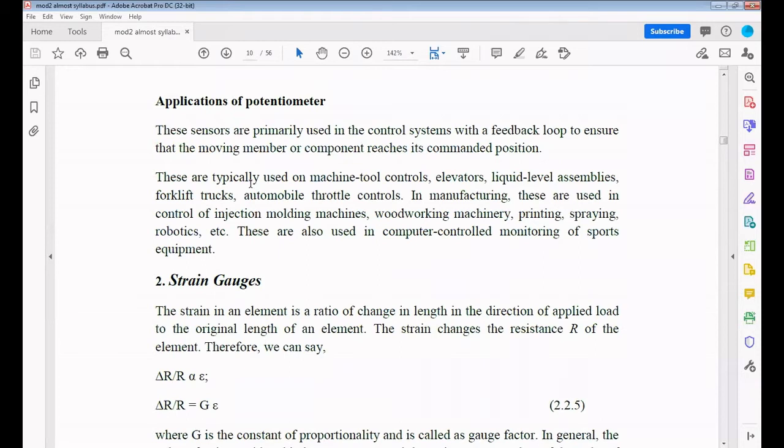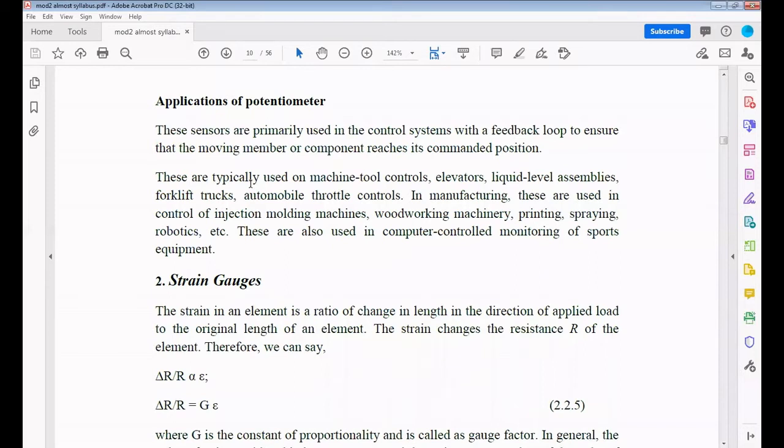Suppose for example we are providing a liquid, suppose we are taking water. Water we are providing from one point to another point. So how much distance the water travels. If there is any leakage, in which place, which distance there is a leakage.